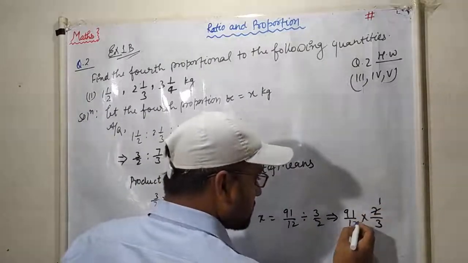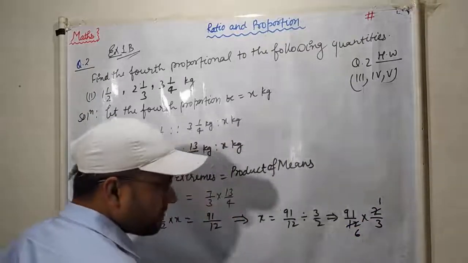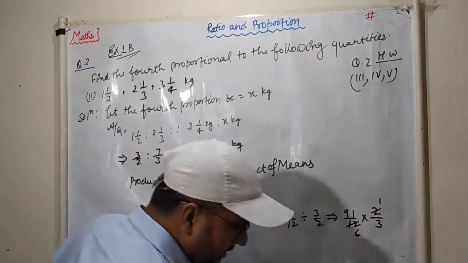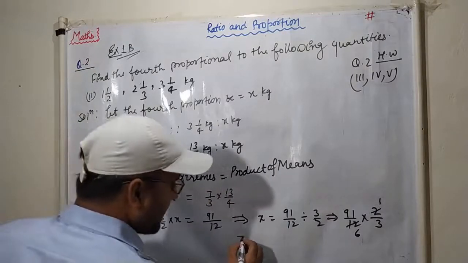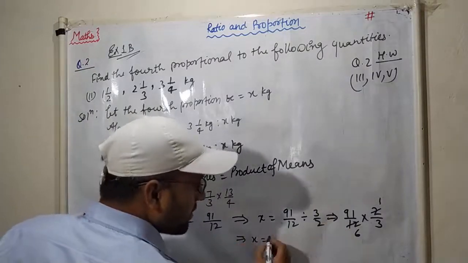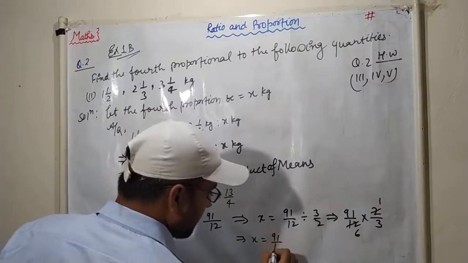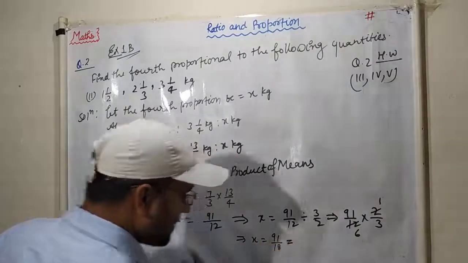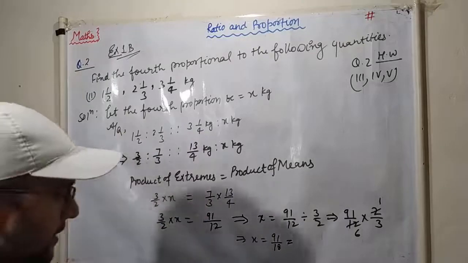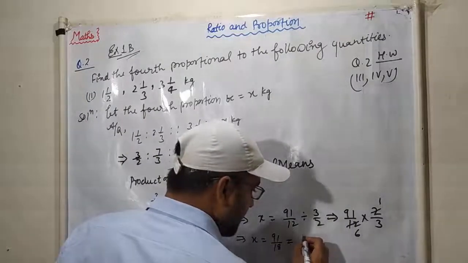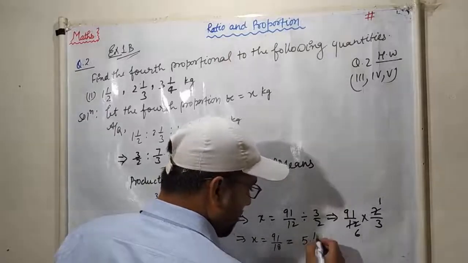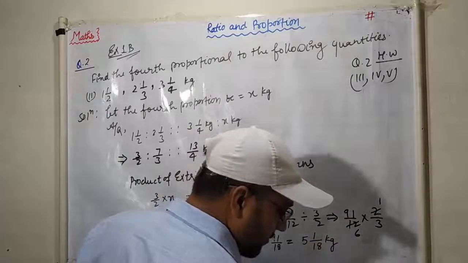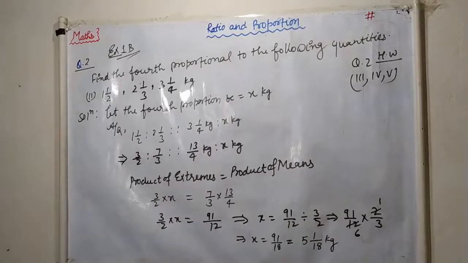So 2 1s are 2, 2 6s are 12, and I think it is not cancelled out by any number. So you will multiply this and you will get x is equal to 91 upon 18, and change it into a mixed fraction. 18 5s are 90, so 5 whole 1 upon 18 kg.